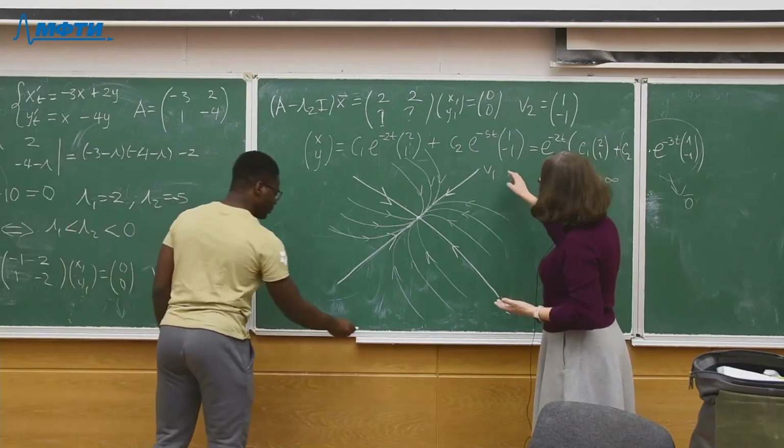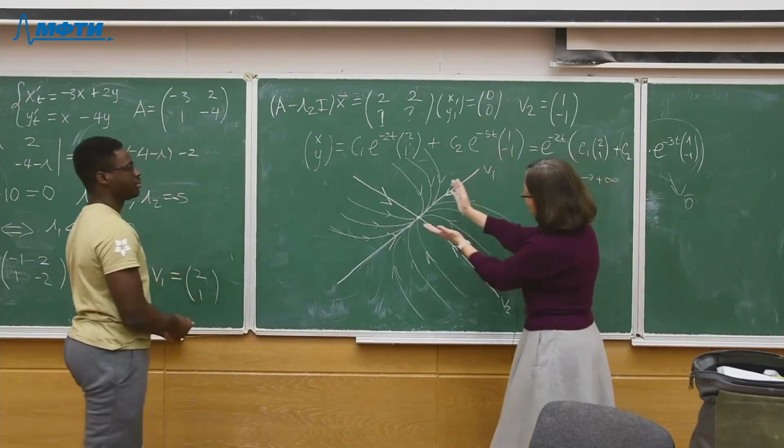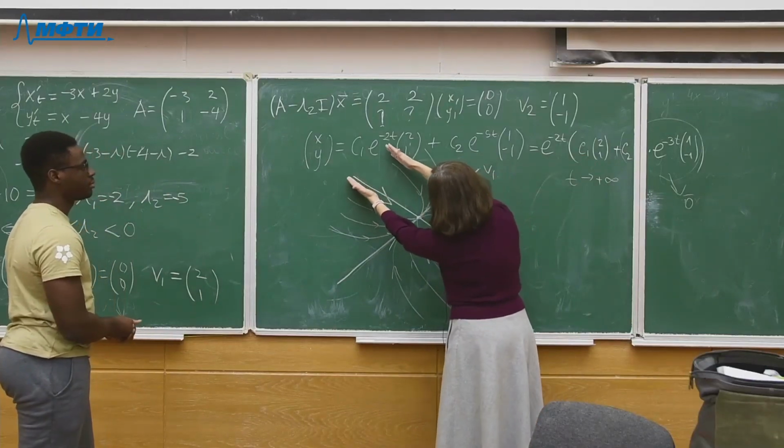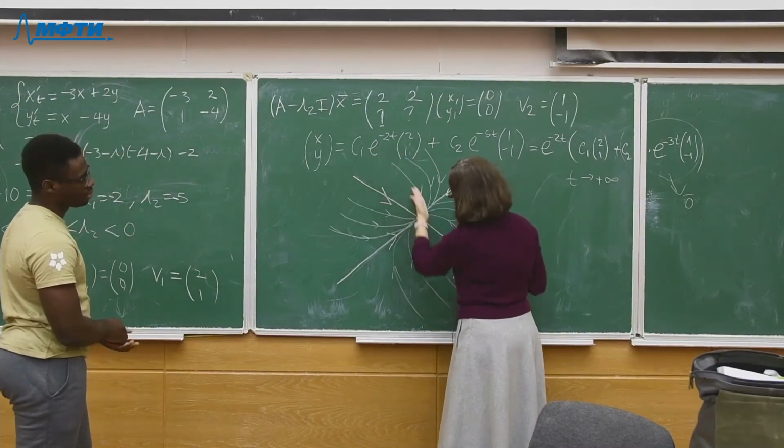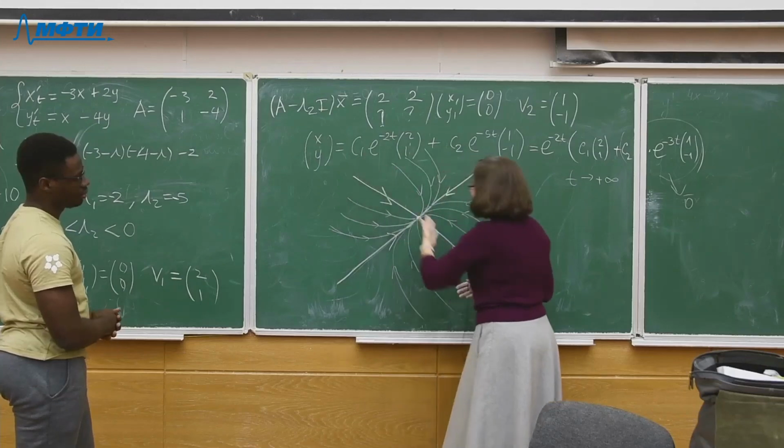At negative infinity, the other term will be dominant, so the direction will be almost parallel to this vector.